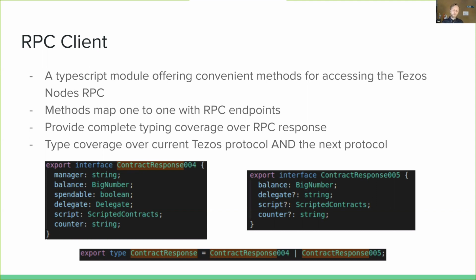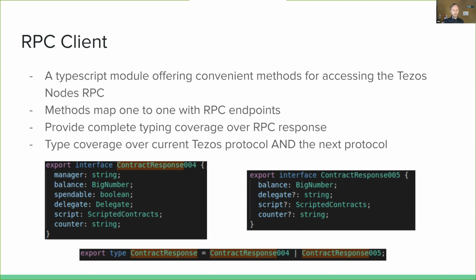So 004 refers to the Athens protocol, and 005 refers to the Babylon protocol. So when Tezos upgraded, it went from Athens to Babylon, and now we're currently on Carthage. The next protocol will be some city beginning with D, maybe Damascus or Dublin, I don't know.